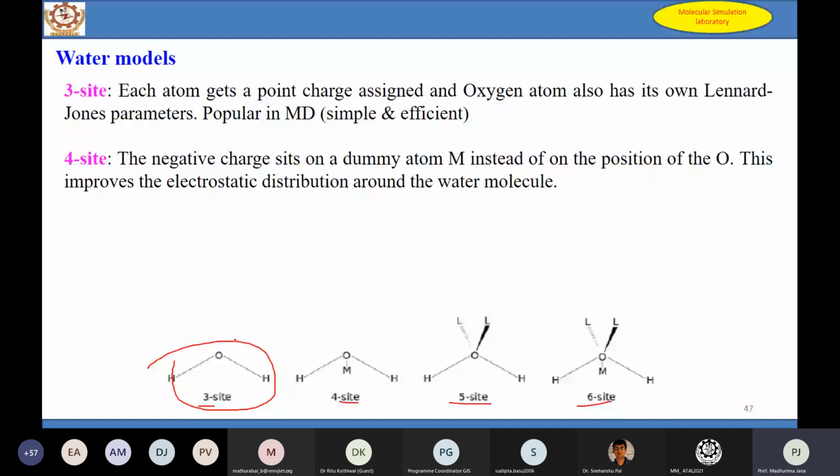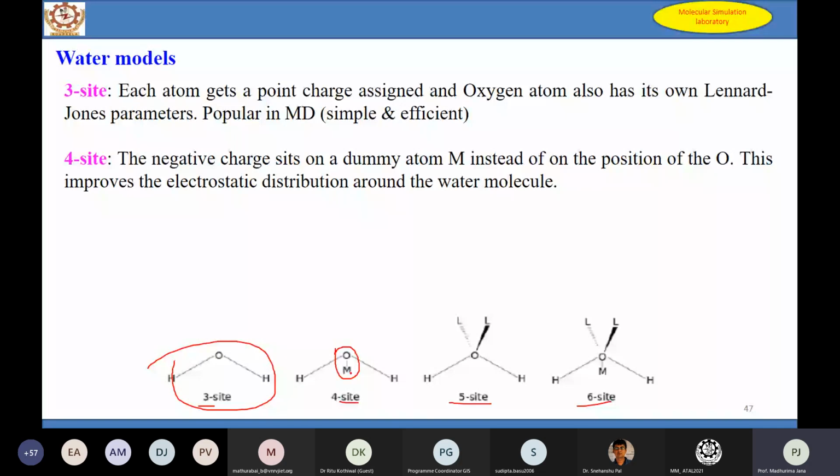In the 4-site model, the negative charge sits on a dummy atom of the oxygen. We know that there is a lone pair in oxygen, so just to model that, a dummy atom is positioned near the oxygen atom, and this improves the electronic distribution around the water molecule. Then we have some 5-site and 6-site models also.